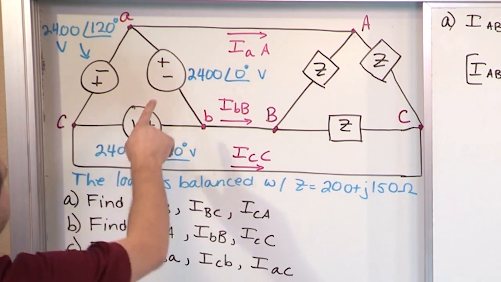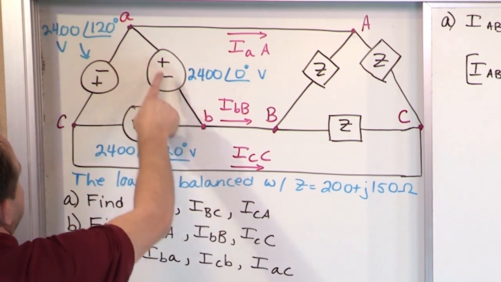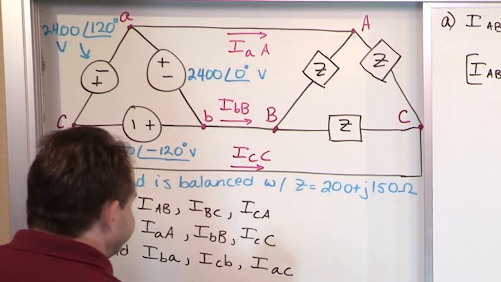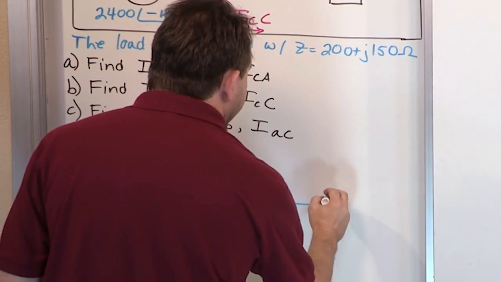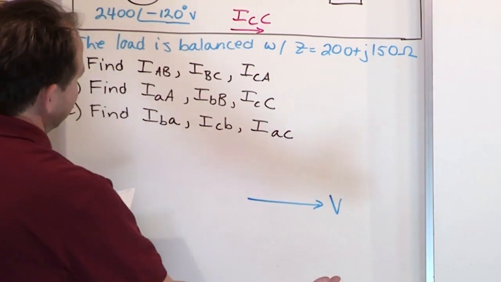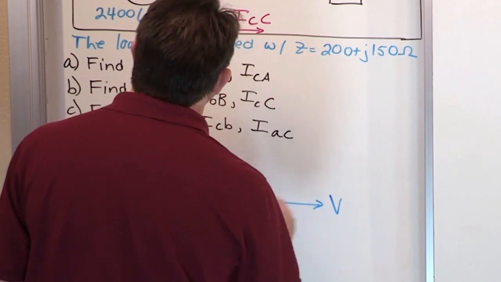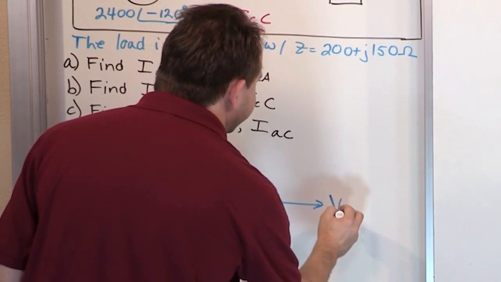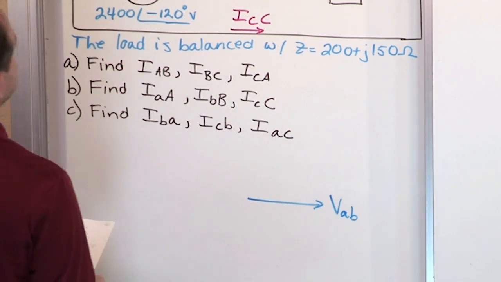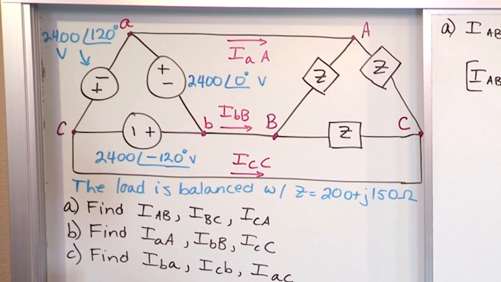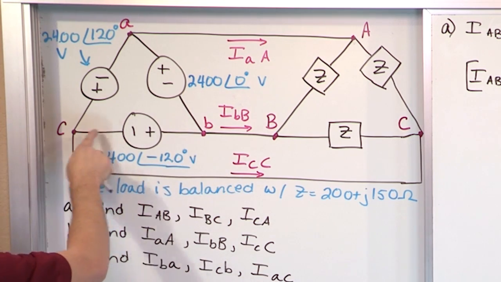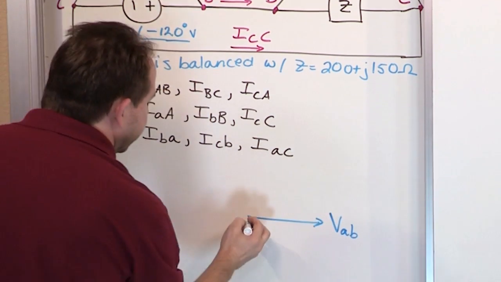So we look and say, well, the A phase is going between A and B. That is 0. Normally we label it AB, so we'll just call it AB. Then we look and say, what's the next phase? From BC here, that's the B phase of the load, that's at negative 120.